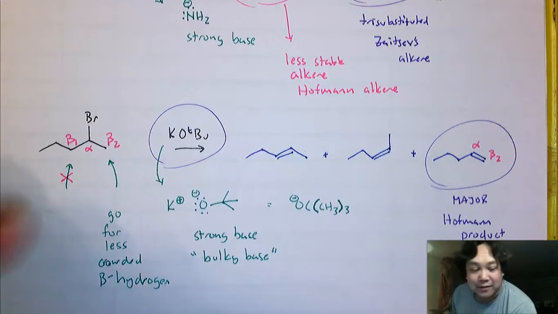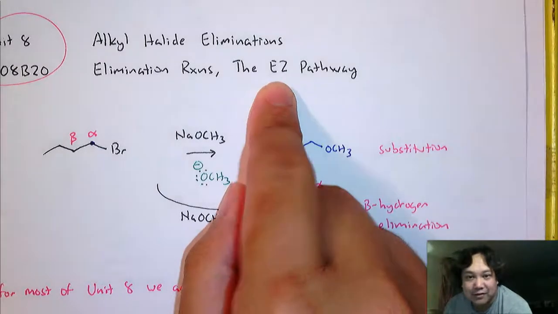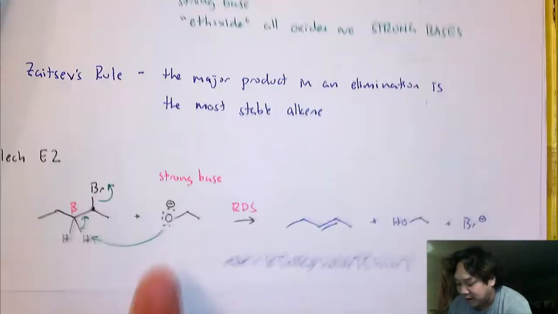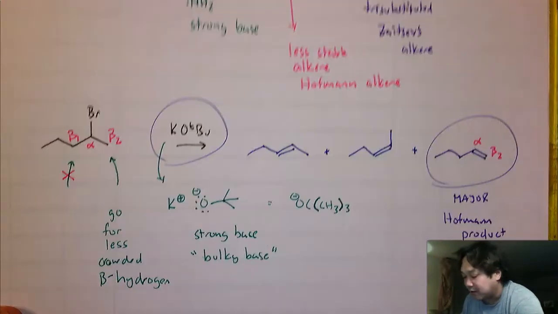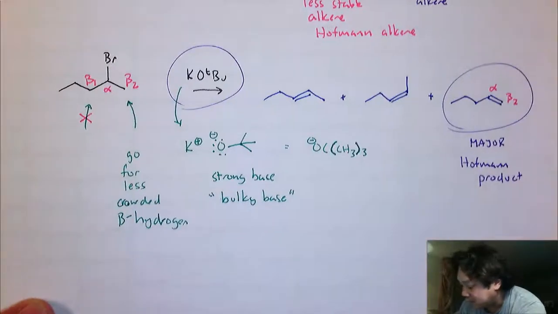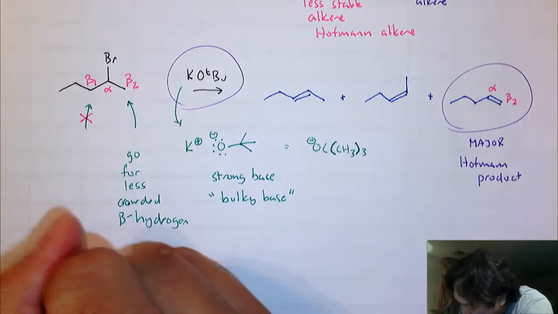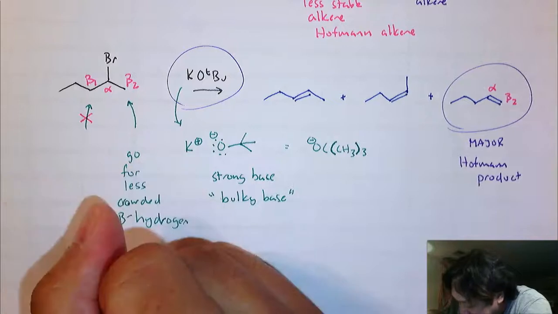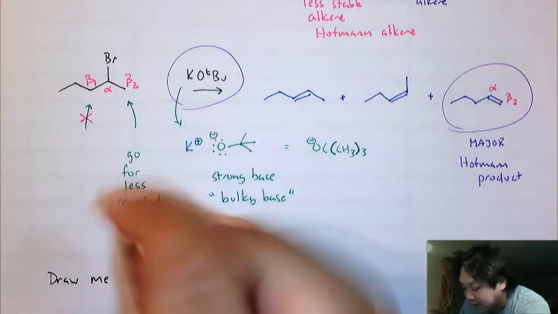Now, we only went through the E2 pathway, the bimolecular pathway, and here's the mechanism here. What you can do is challenge yourself, draw the mechanism for this reaction. It's the same mechanism. It's just that you're plucking off now the beta hydrogen on the right.